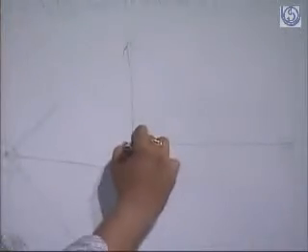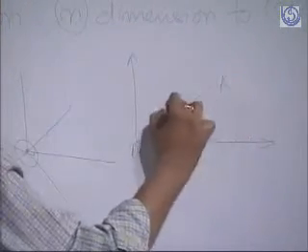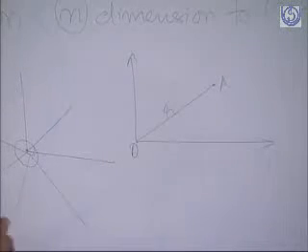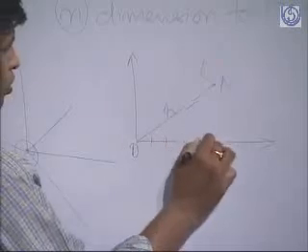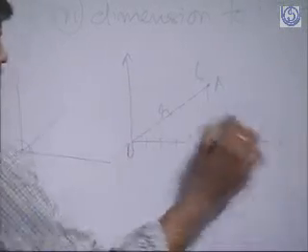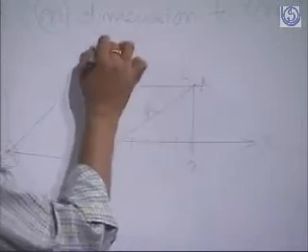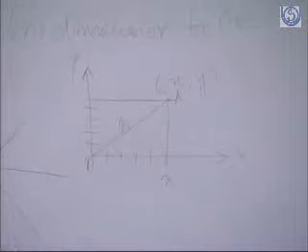Take a 2-dimension system and let OA be a line where A is a point at a distance r from origin O. So this point is x units away on the x-axis and y units away on the y-axis, so it has the coordinates x, y.